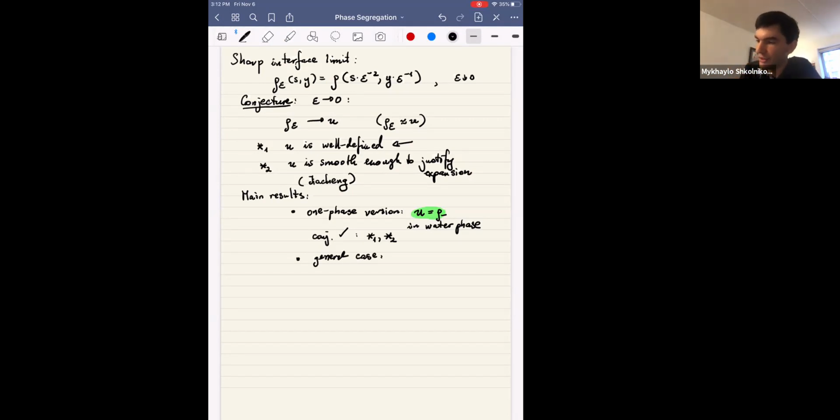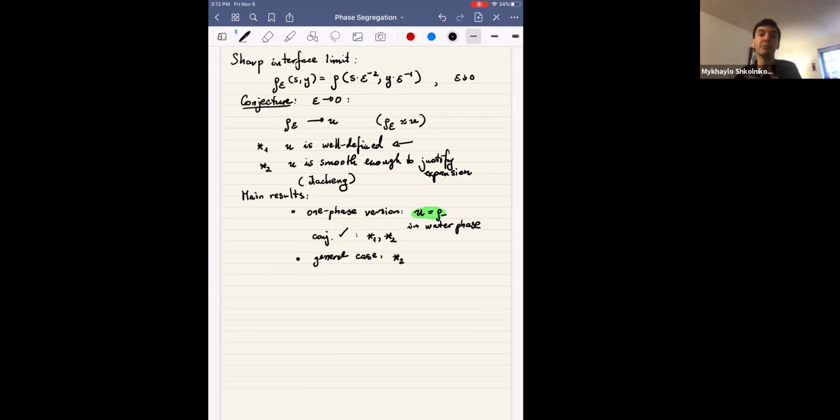And in that case, we don't know how to resolve 1, but we can resolve 2, meaning that if there is a proof at some point that there is a smooth enough function u, then we can indeed justify the asymptotic expansion and justify, completely rigorously, that we have the convergence in the conjecture, right?